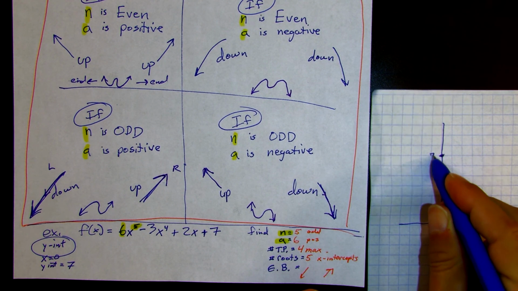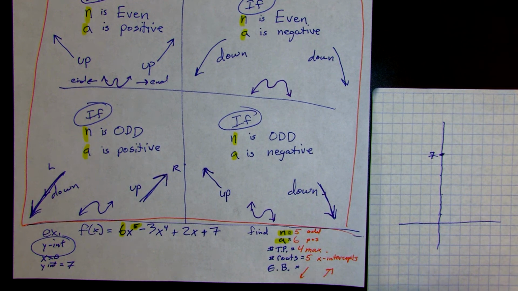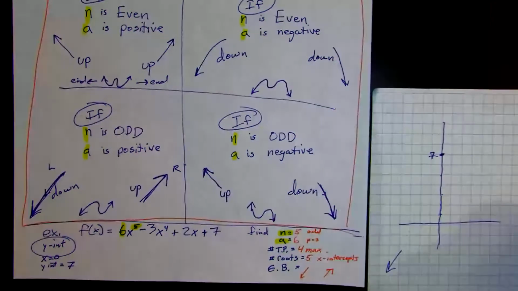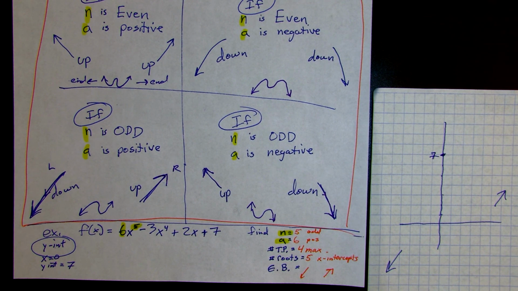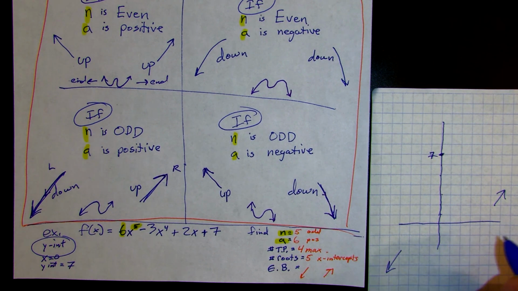I know that we have 5 roots. So it's going to cross the x-axis 5 times, right? Turning points, we have 4, and that's all we had. So if I have 5 roots, 4 turning points, I'm going to make it like this.